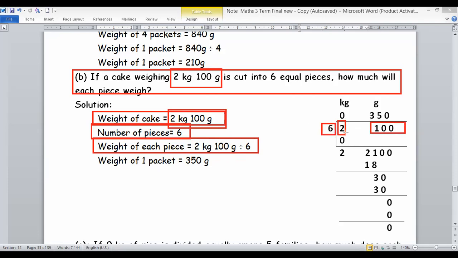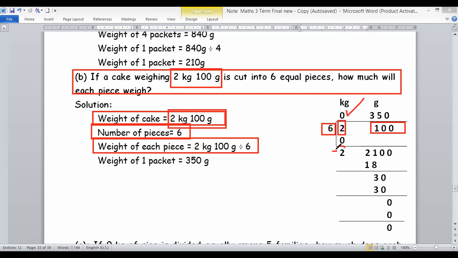Dear students, here kilograms are 2, and we are going to divide 2 by 6. Therefore, first of all, we multiply 6 by 0. 2 will come as it is because 2 is smaller than 6, and when we multiply 6 by 1, we get 6, which is greater. So in this situation, you have to multiply 6 by 0.